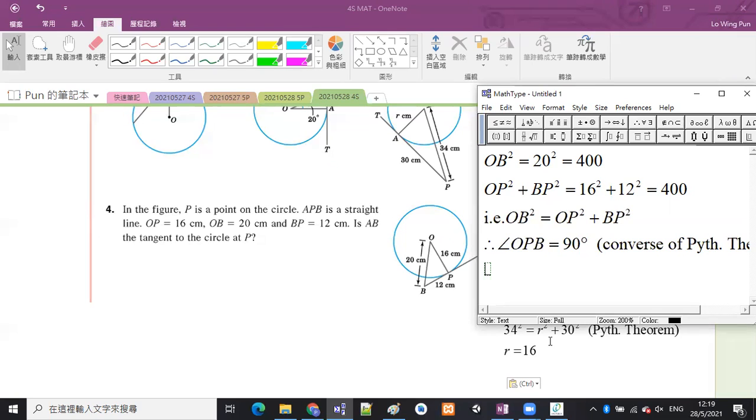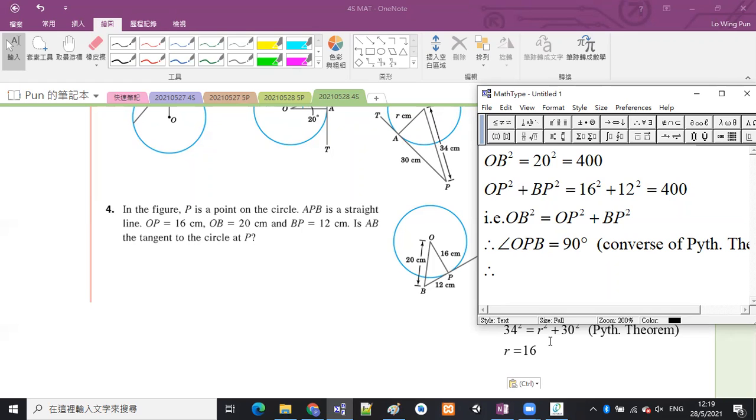And then I can further conclude that this line, this BP or AB, is really a tangent to the circle because OP is a radius. OP is a radius. And this line is perpendicular to the radius. So it must be a tangent. Okay?